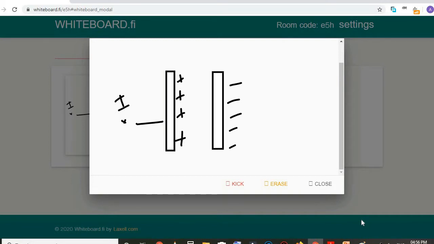The electric field at this point is equal to sigma by 2 epsilon 0 because of one plate. But here there are two plates. At this point, there will be an electric field because of the positively charged plate and the negatively charged plate. The direction of the electric field because of the positively charged plate is radially outward.